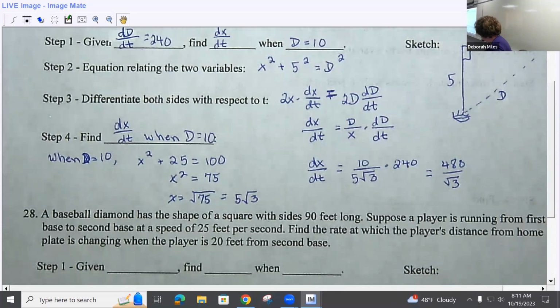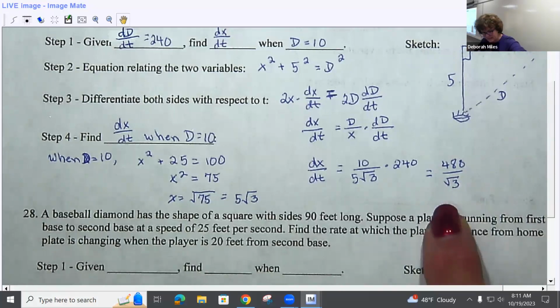That's the exact answer. If I don't specify on the test, and I'll try to specify, but if I forget, I'll take the exact answer or a decimal approximation rounded to whatever you feel is appropriate. But I'll try to remember to give you directions like give me the exact answer or give me the answer rounded to the nearest whole miles per hour.